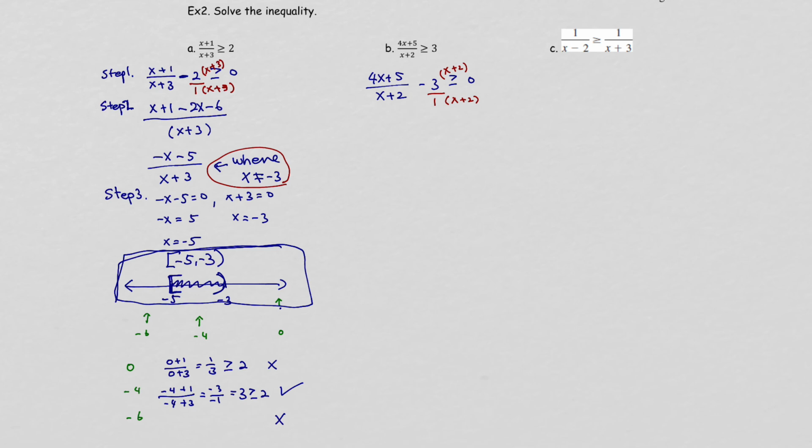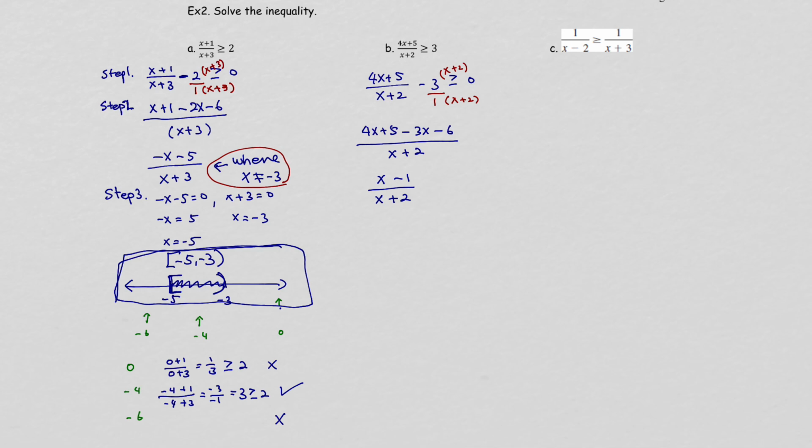Then you should have 4x plus 5, distributing -3 to x, -3x, -3 times 2, -6, all over x plus 2. That will give you positive x minus 1 over x plus 2.